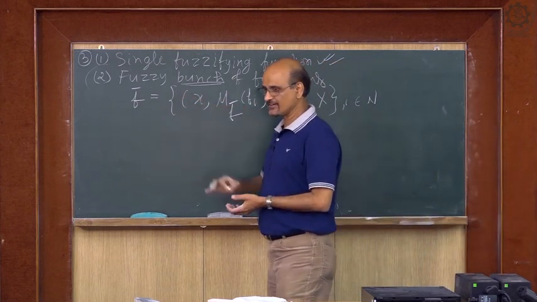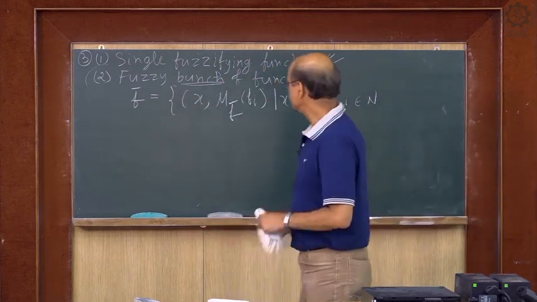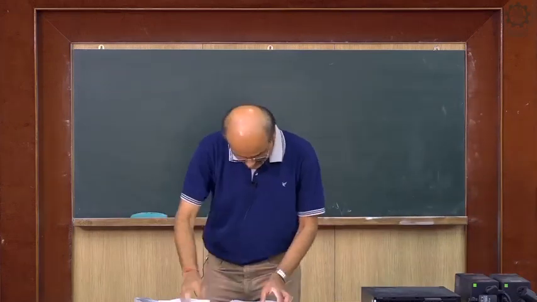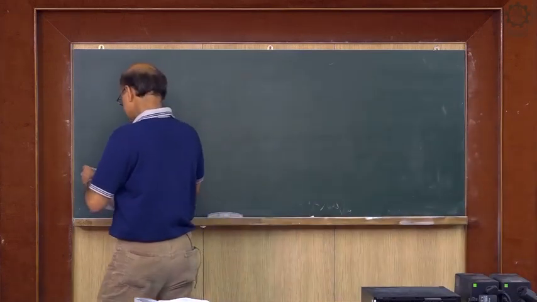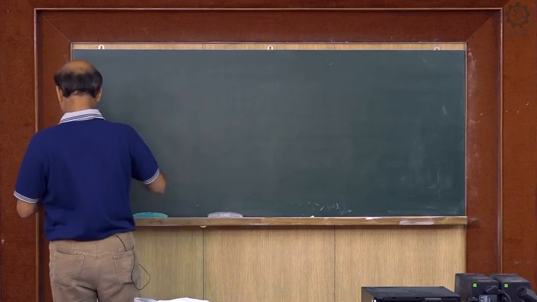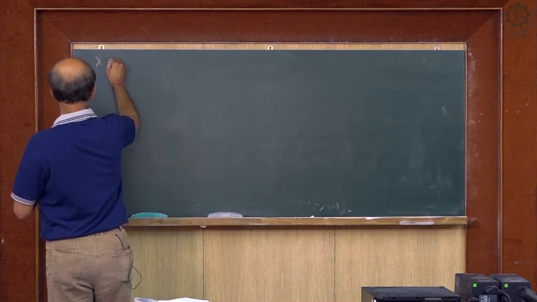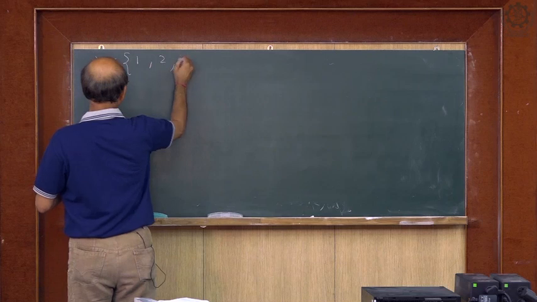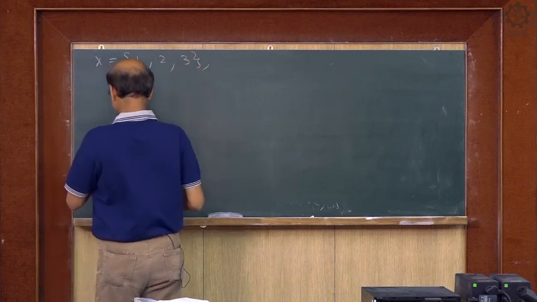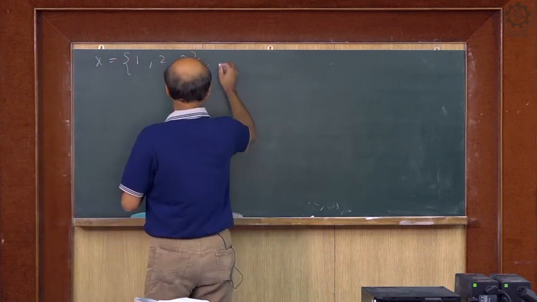This is okay? Fine. So, this again I will take one example and it will be more clear. So, let us take X equal to 1, 2, 3, and f bar.